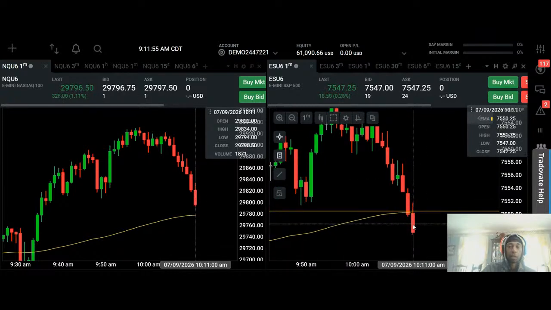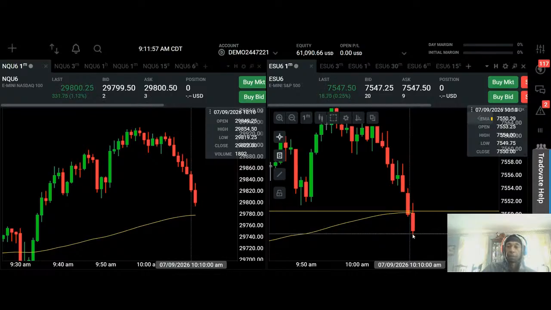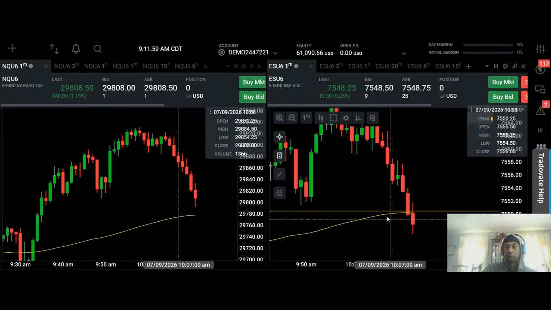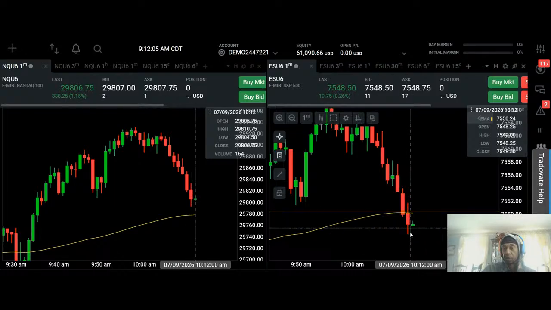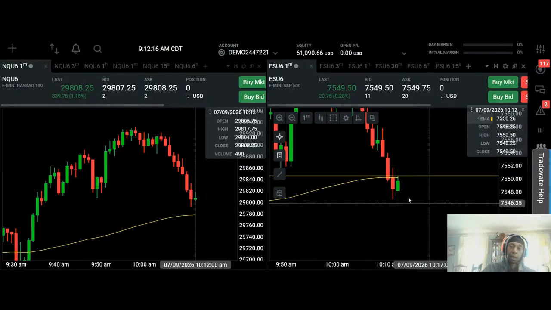Now that low is getting a little farther than I want it to be. I don't really like them that far low into my EMA, which is cool. I can deal with that right there. Let's say that's a low, and we get a green candle back up into here. I would like to see red candles fall completely down through it one more time, if we can get a green candle right here.